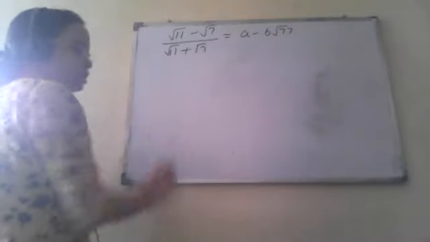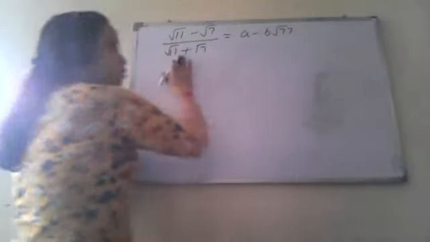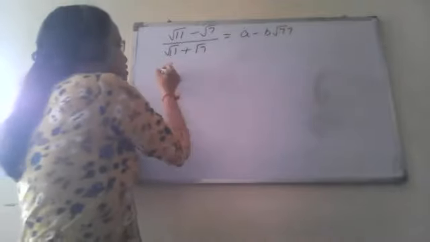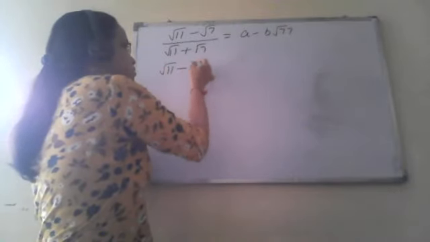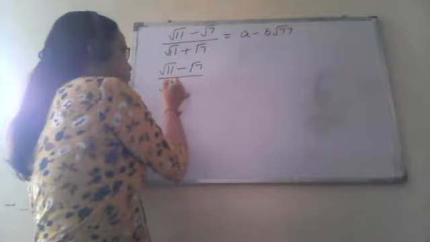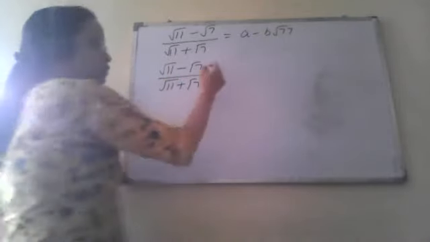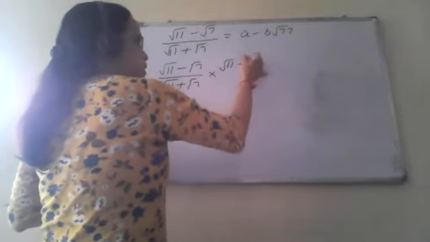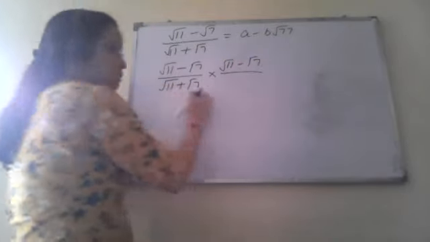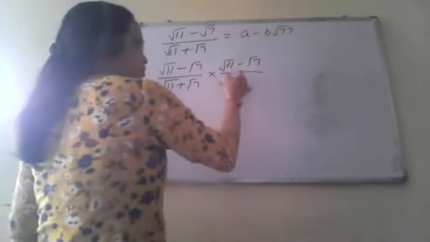So first, as we did in the last question, we have to solve this side first. We have to multiply by the rationalizing factor. So what is the rationalizing factor of this? It will be root 11 minus root 7, the same expression with opposite sign.